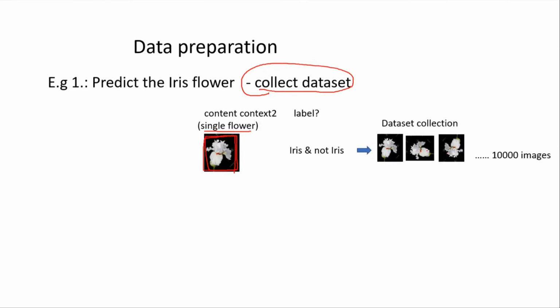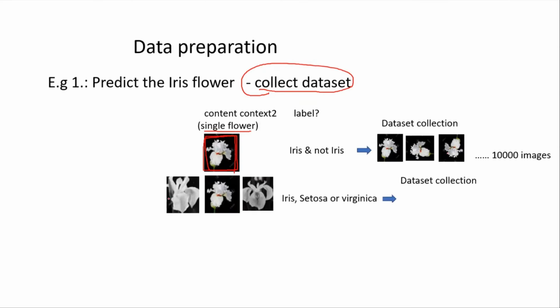Okay. And this one, you have 3 classes. So this is the iris flower, this is setosa, and this is virginica. You have 3 labels. So data collection is supposed to be, first, for the iris classification, the iris label.